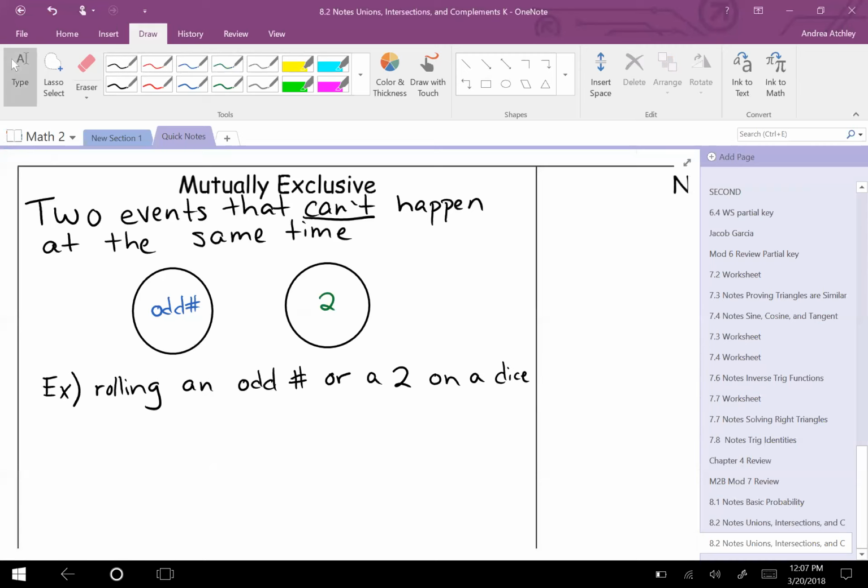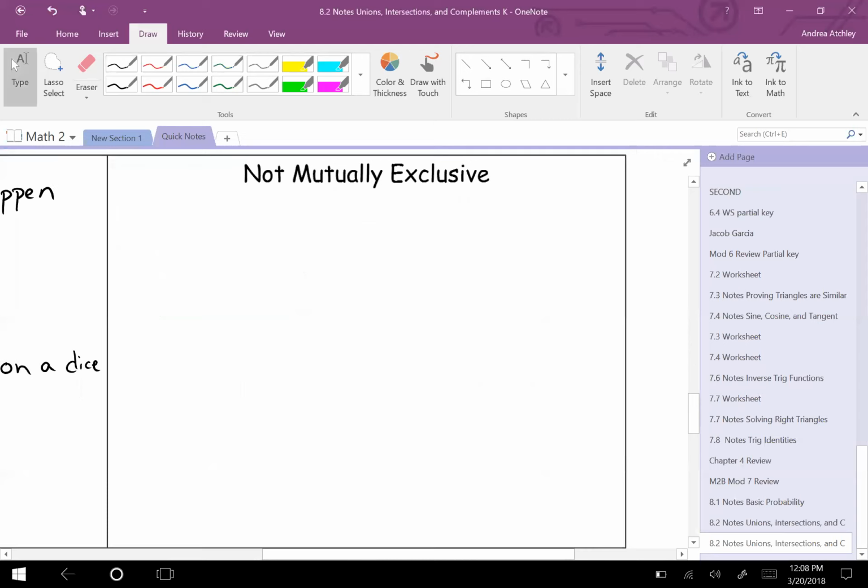Okay. So what do we think not mutually exclusive would be? Very good. Okay, 2 events that can happen at the same time.